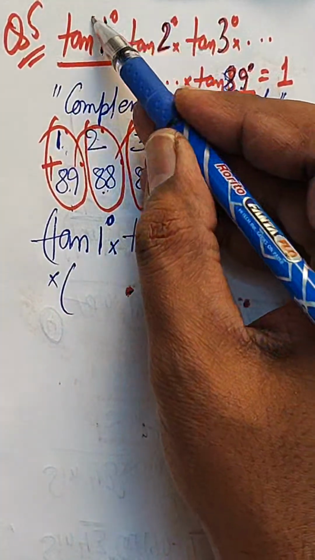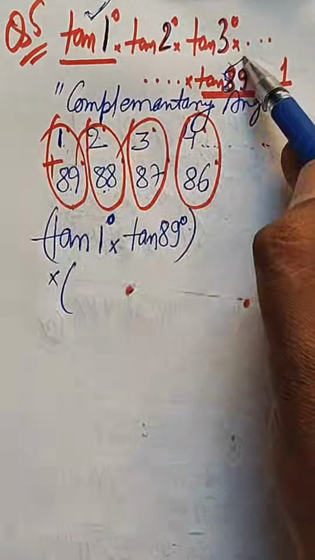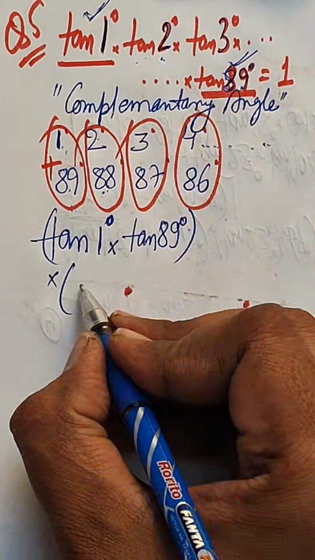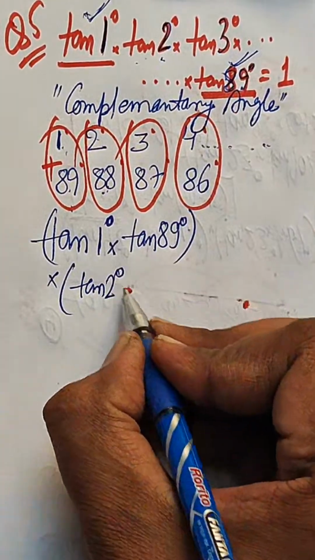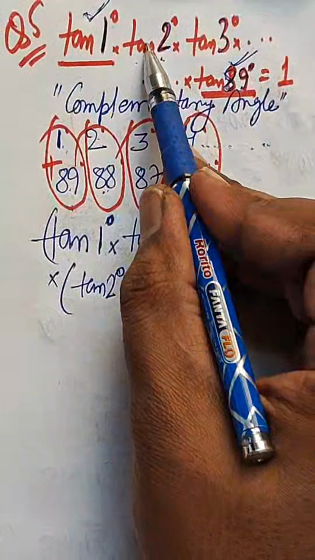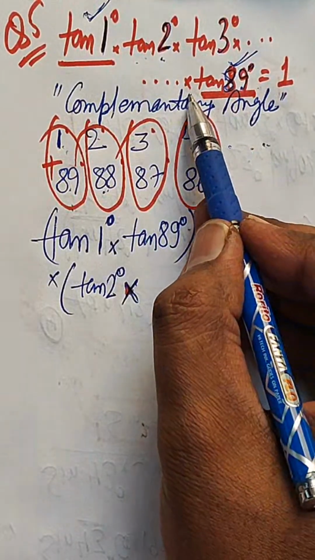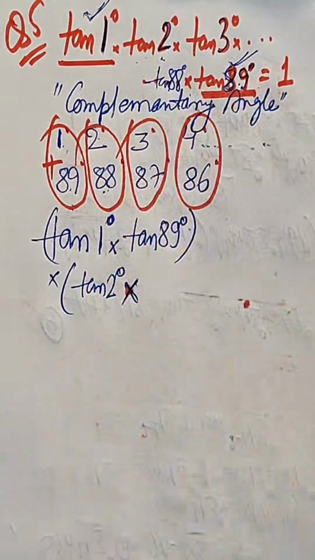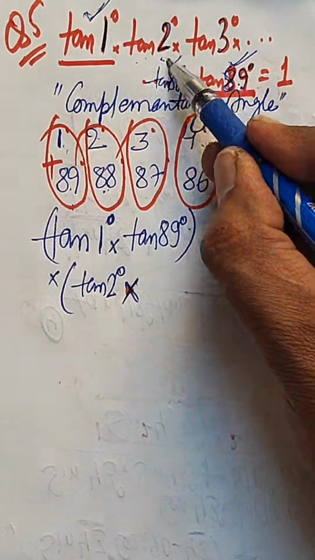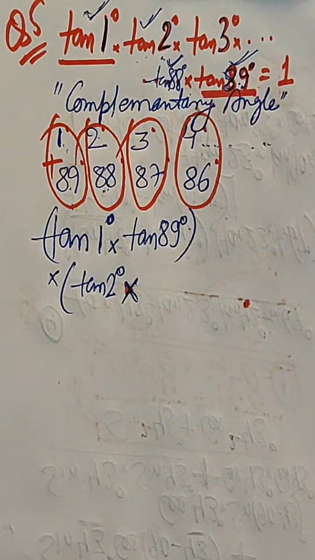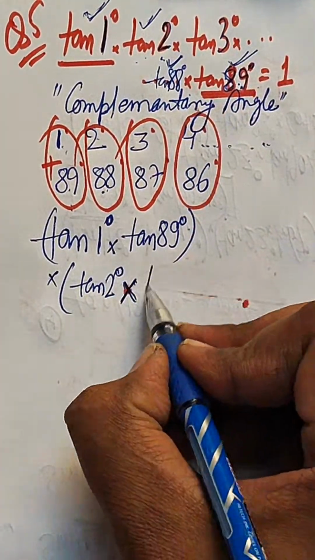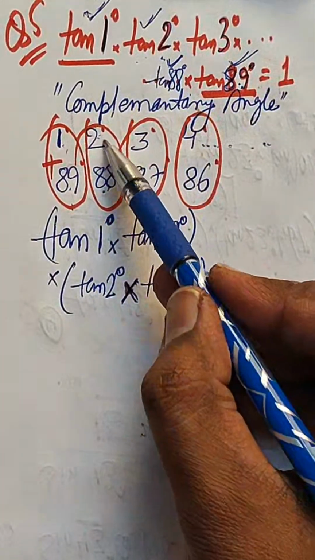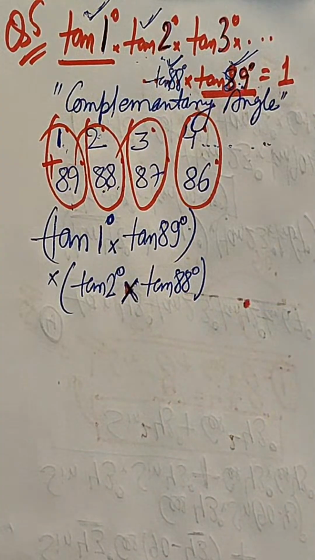We have already taken tan 1, tan 89, then come to tan 2 degree, with its pair from second from the last. Before tan 89, it was tan 88 degree, right? So take tan 88 with tan 2, so tan 2 degree into tan of 88 degree. You can see 2 and 88 both are complementary, right?